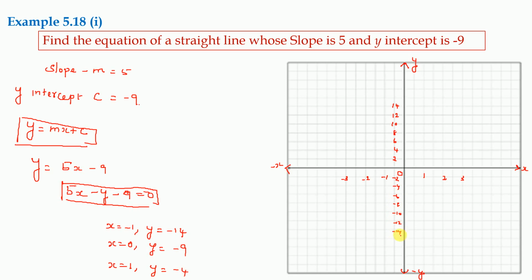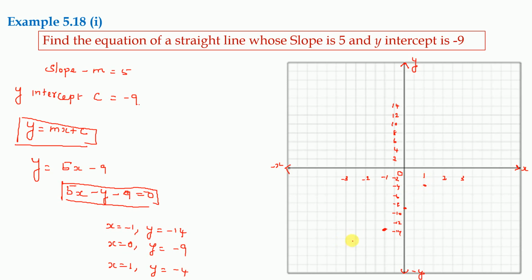So this is minus 14. Now I am going to mark the points. When x is equal to minus 1, y is equal to minus 14. So this is the point. Then x is 0, y is equal to minus 9, so this will be minus 9. When x is equal to 1, y is equal to minus 4. So this is minus 4.